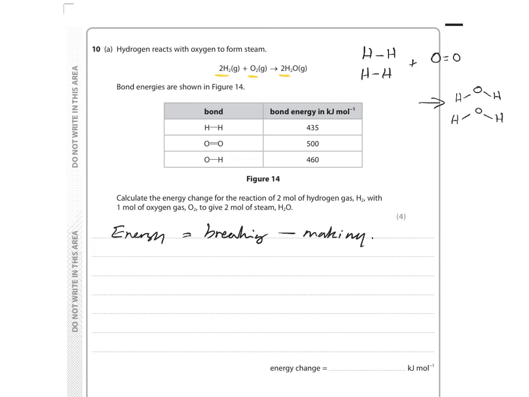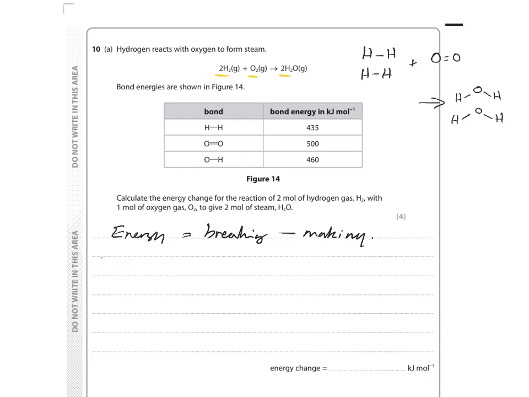So in breaking all the bonds in my reactants, I'm breaking two H-H bonds and one O double bond O bond, and making the bonds in my products, I'm making four O-H bonds.